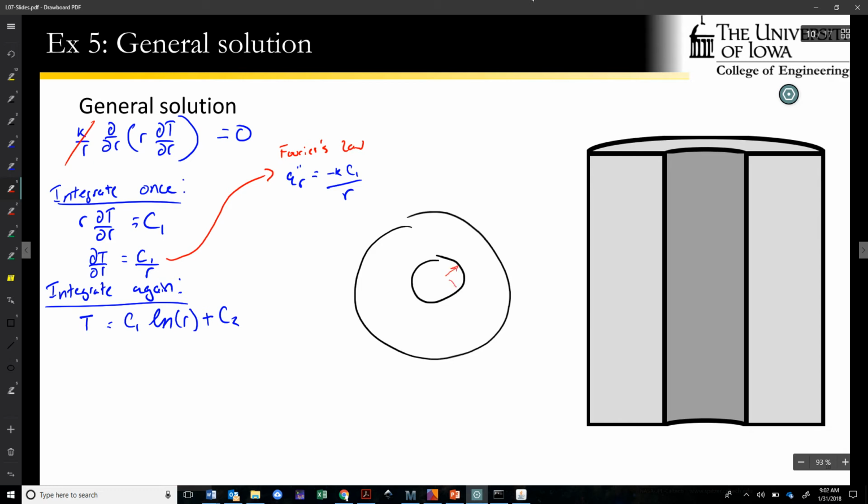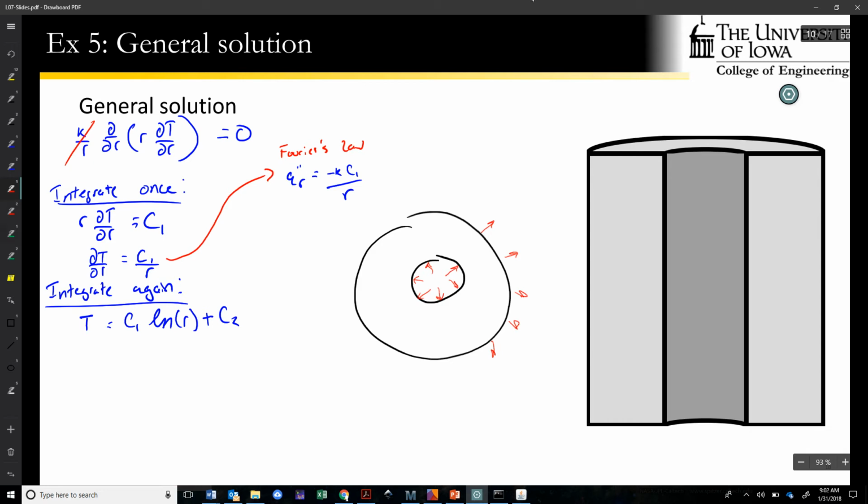That means there's going to be some heat transfer into this boundary. If it's a steady state and there's no heat generation, then the heat leaving through this outer boundary has to be the same, right? All of the energy out has to add up to the same as the energy going in.